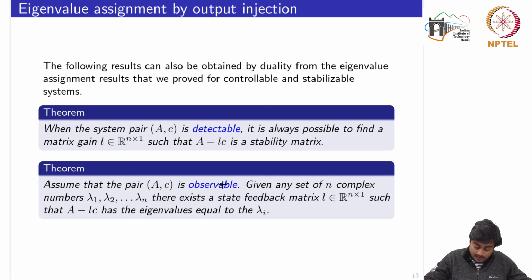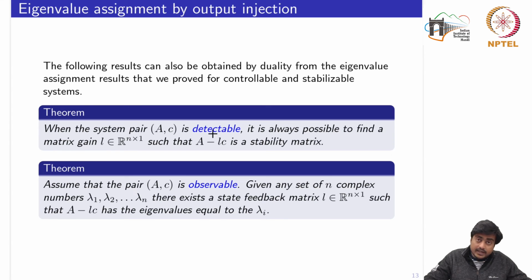We need the observability, otherwise there won't exist any L. Given any set of n complex numbers lambda 1 to lambda n, there exists a matrix L such that A minus LC has eigenvalues equal to lambda i. So this result ensures that given any eigenvalues, there exists an L such that the eigenvalues of this matrix become equal to the given complex numbers.